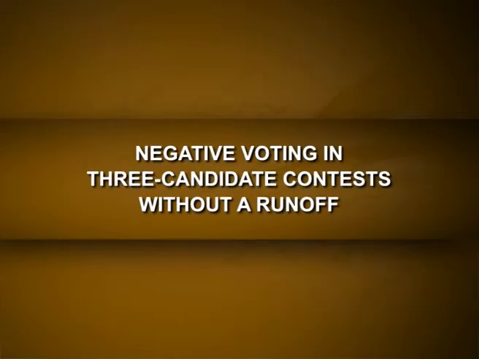First, we will see the case without runoff. Negative voting in 3-candidate contests without a runoff. Consider 3-candidate contests in which the candidate with the most votes wins in the plurality election. If there is no single plurality winner, a voter evaluates tied outcomes in the manner described in the previous section.